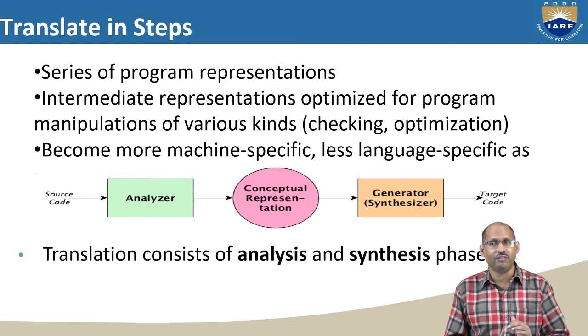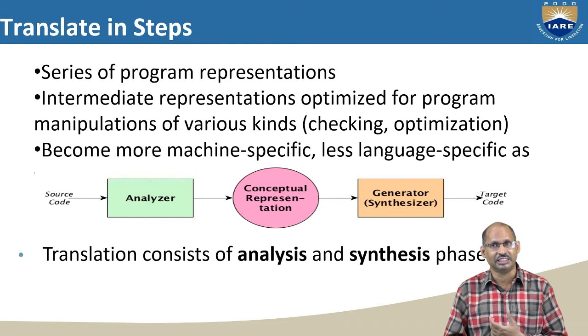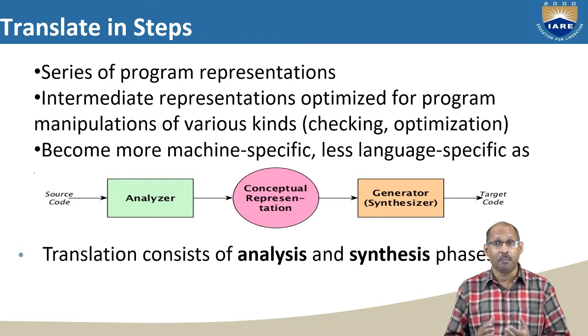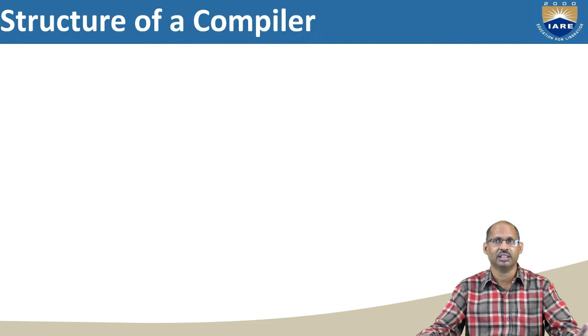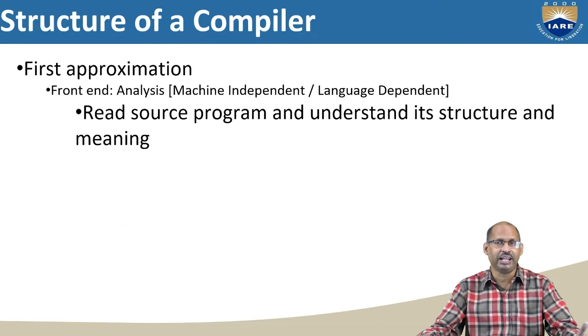The analyzer depends on the source language, and the synthesizer depends on the target code. So some phases depend on the source program language constructs, and the synthesizer depends on the machine language constructs and its formats, right?